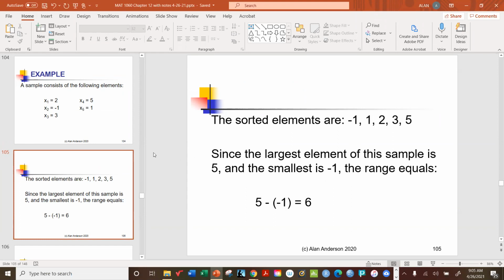And once we do, you can see that all we're doing is taking the difference between the largest and the smallest, which is 6. Now, don't forget, when you subtract a negative number, it becomes positive. All right. And that's it. That's all there was to it. Just the difference, which is 6.